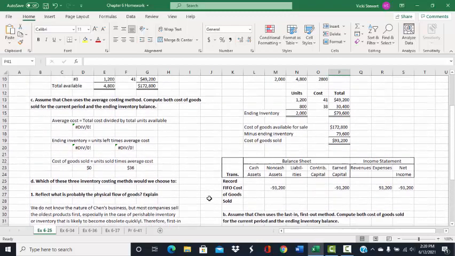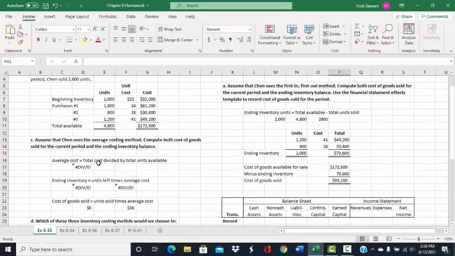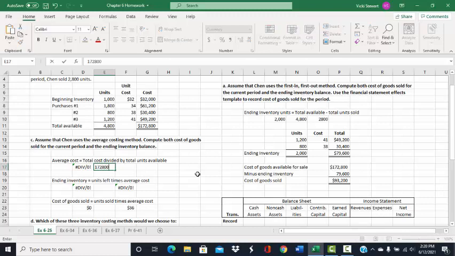The C portion of the problem says assume that Chen uses the average costing method and to compute both cost of goods sold for the current period and the ending inventory balance. To determine the average cost, we first have to get the average cost per item. So we take the total cost available during the period and we divide that by the total number of units available during the period.